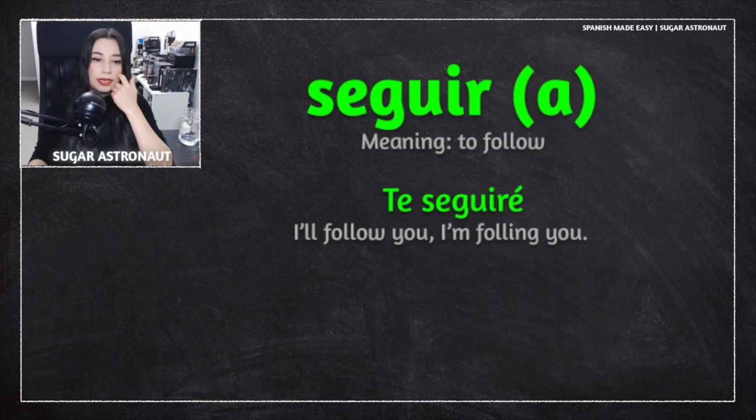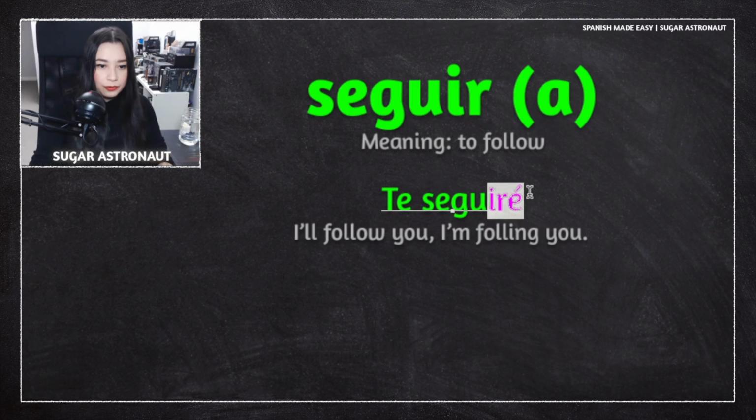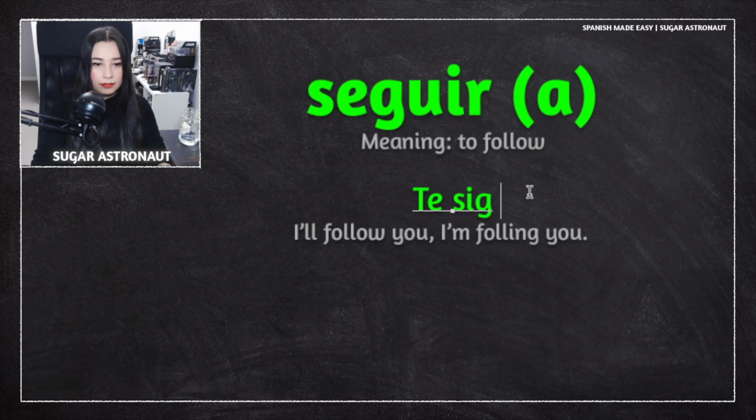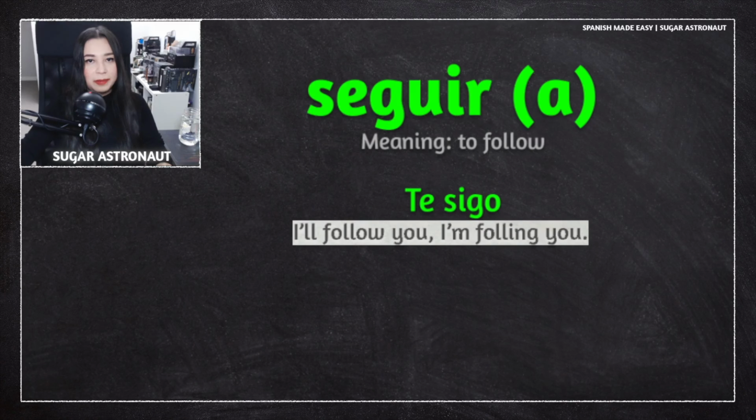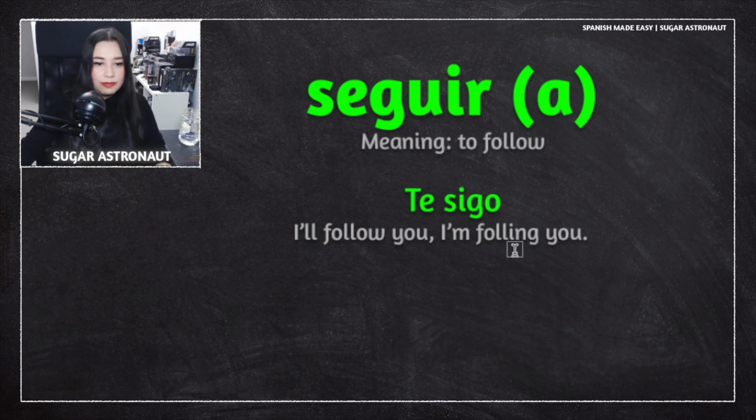But in many situations, when you're doing something right away, you would use the present tense, te sigo. Okay, so it's like saying I'm following you, I'll follow you. So right now, that's what I'm gonna do. It's an immediate future, something like that. So yeah, it's a bit confusing in Spanish, but just remember that.